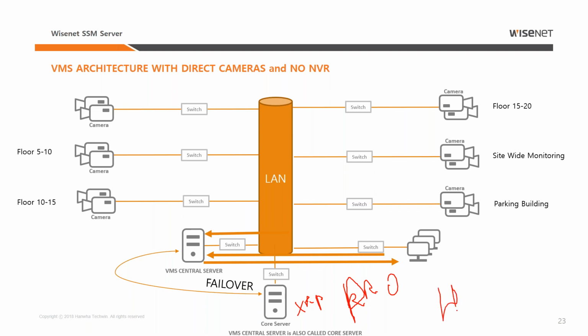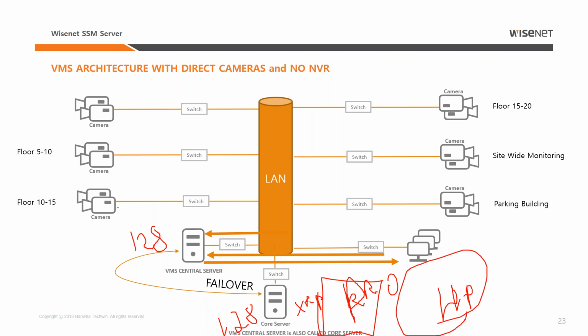But if you're buying HP or Dell, and you have 128 cameras recording, you will buy an additional 128 camera license for failover. If you have two failover servers, you'll buy for each. That we will see later anyway. So basically the point here is if you use third party for recording, you have to buy license for recording, and for failover also you have to buy license.